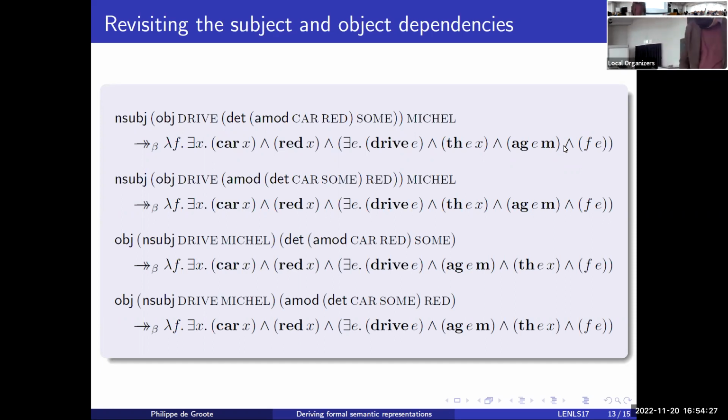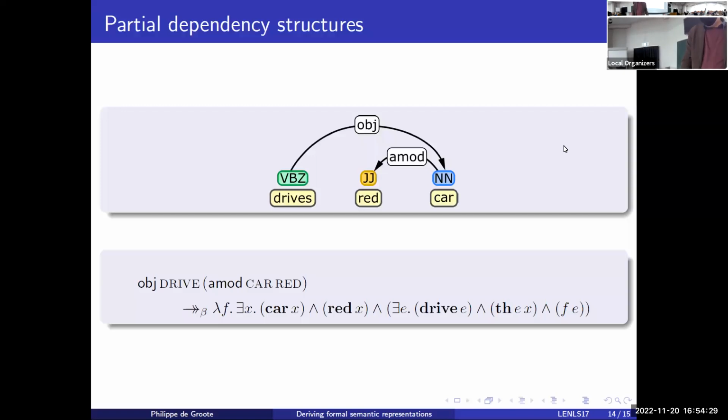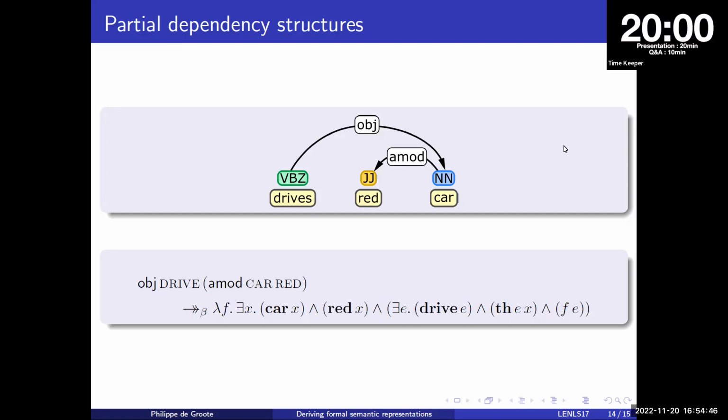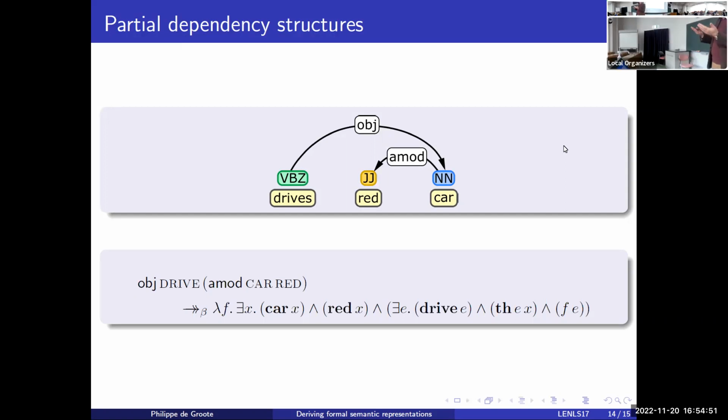And then, as a matter of fact, if I have a partial structure like this one, I obtain that there is a red car, and that that red car is a key to a driving event, and that's it. But that's exactly what I would obtain. And the existential here, because it was my default quantifier, but if we would have put another one, the possible existence of a car or something like that, that's what we would get.